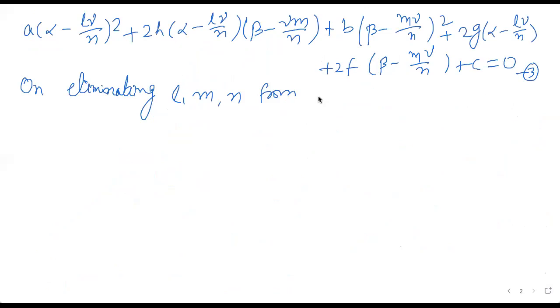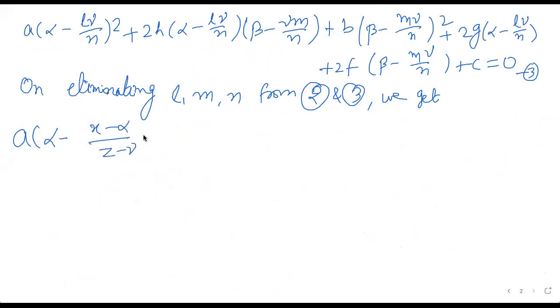So eliminating l, m, n from 2 and 3, we get a times (alpha minus l upon n) replaced by x minus alpha upon z minus gamma, into gamma whole square, plus twice h (alpha minus l upon n, the same x minus alpha upon z minus gamma) into (beta minus m upon n), which is how much?